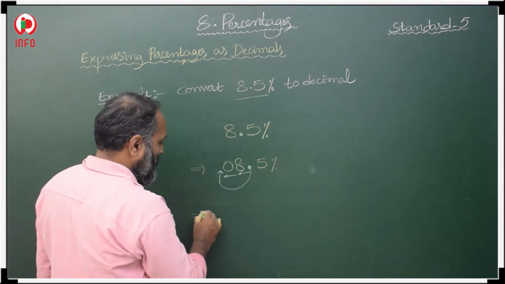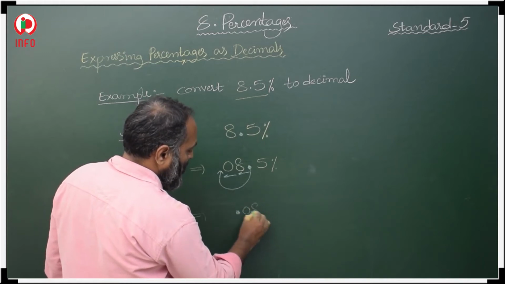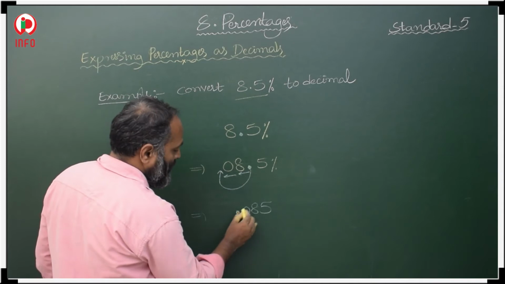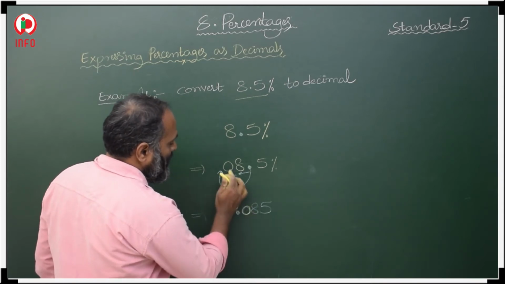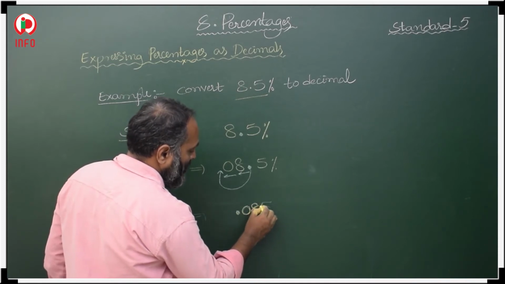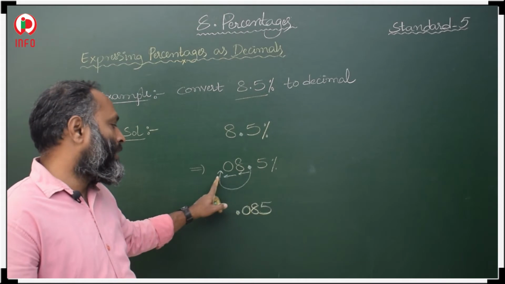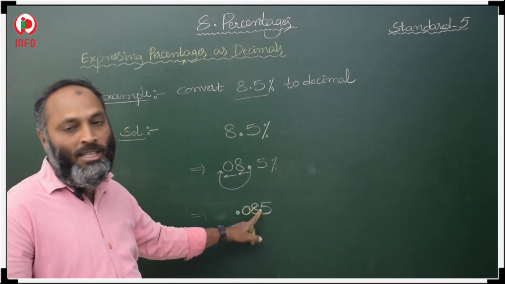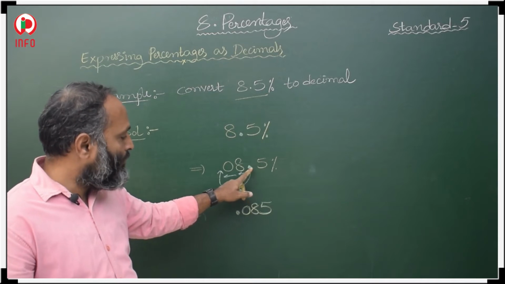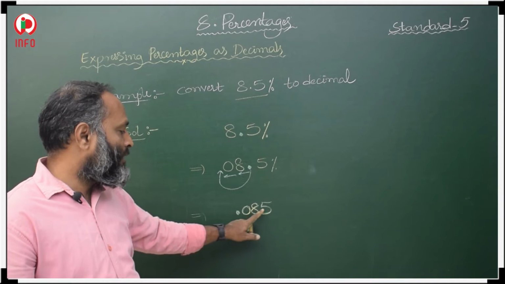So then 0.085. Here the point moves from here to here, so there is no need to take a decimal point here. The number is 0.085.